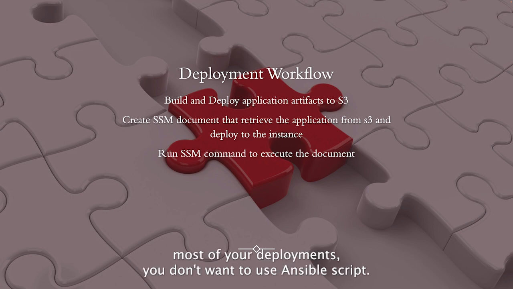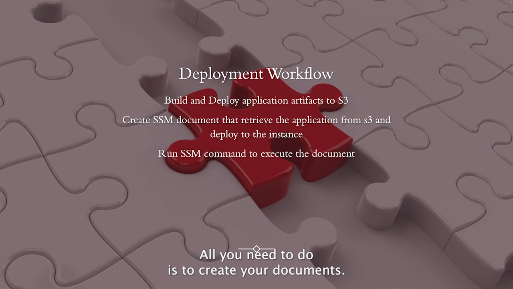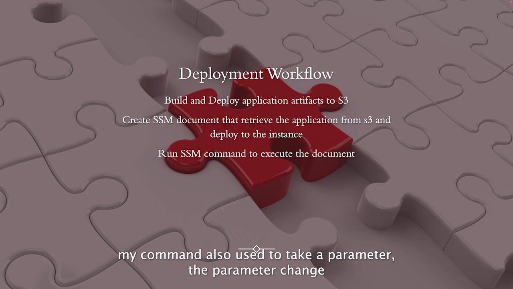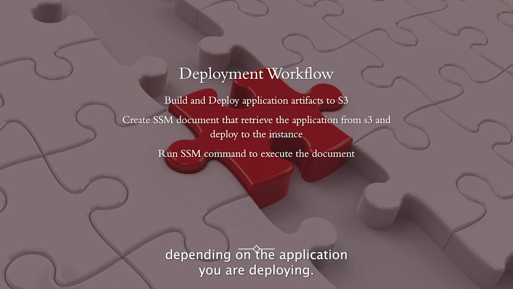You don't want to use Ansible scripts. All you need to do is create your documents. I do this in Terraform. In a subsequent section I will show you how I do this and how I deploy the applications, and also how I execute the command. My command also takes a parameter. The parameter changes depending on the application you are deploying.